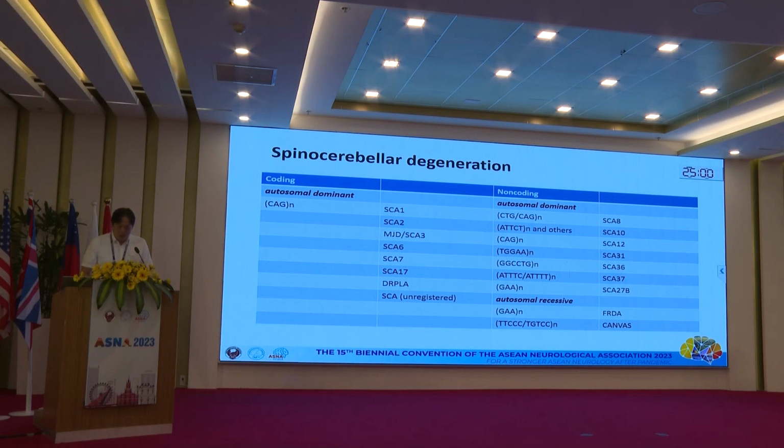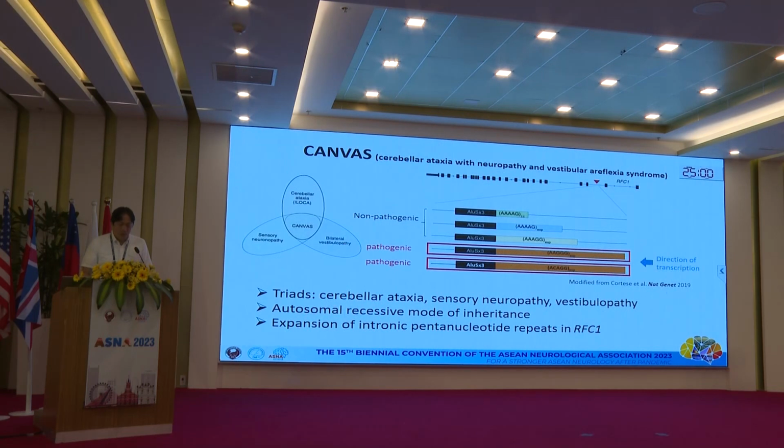So I will introduce CANVAS here. As the name suggests, CANVAS is a triad of cerebellar ataxia, sensory neuropathy, and vestibulopathy. The disease is inherited in an autosomal recessive mode.